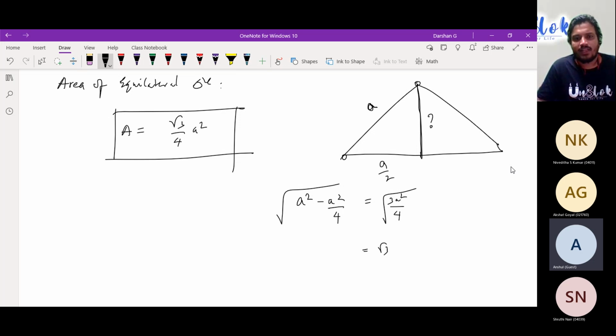Okay, we'll get answer as root 3 by 4. Anybody who got the answer?